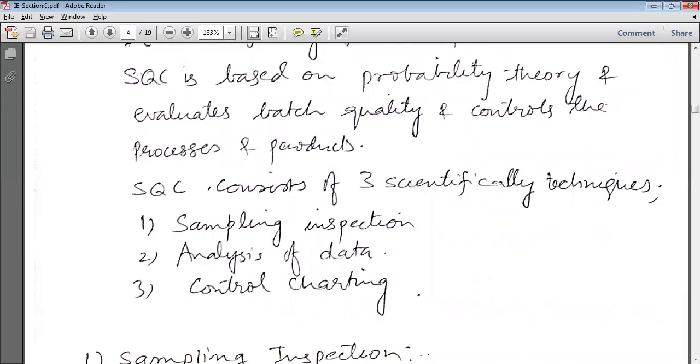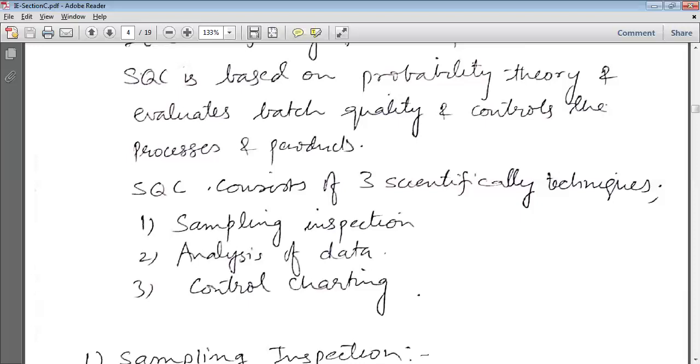How we choose the samples so that they represent the whole population is an art and a science. So we have sampling plans: single sampling plans, double sampling plans, and different sampling plans. We use these plans to pick the parts that we are going to inspect.